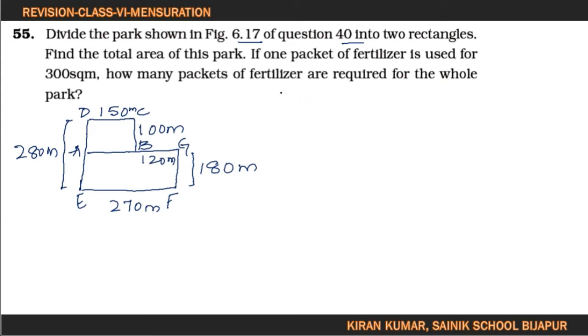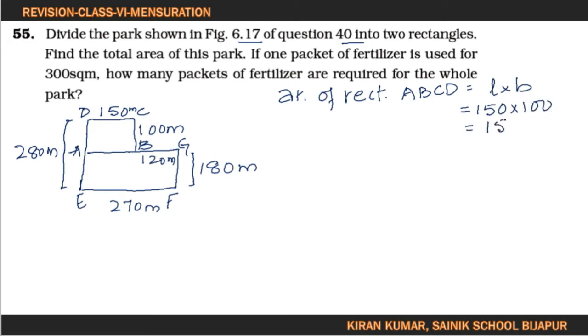For solving, I will find the area of rectangle ABCD. This will be equal to length times breadth. So the length is 150 and the breadth is 100. We get it as 15,000 meters square.